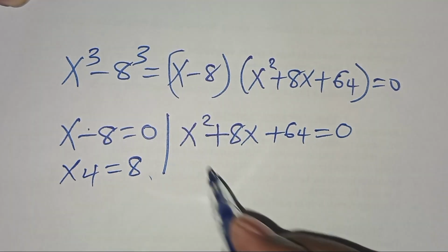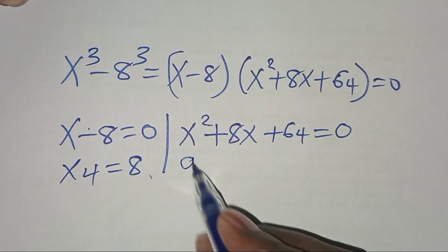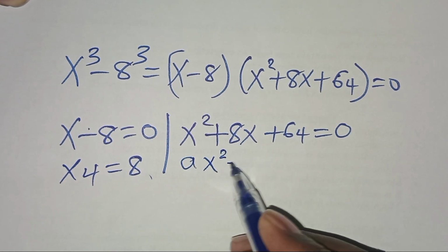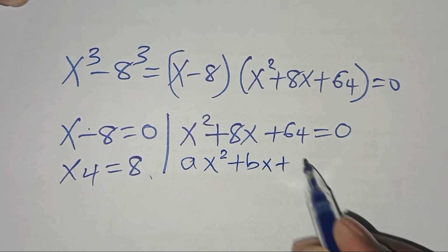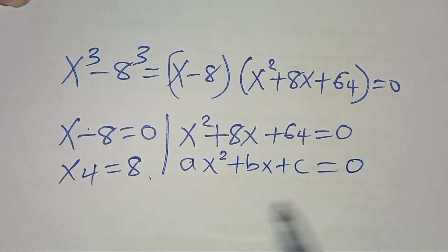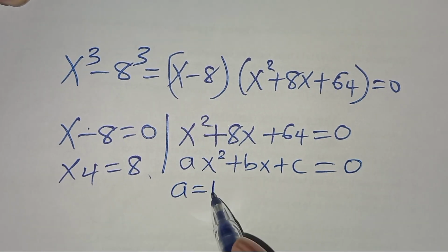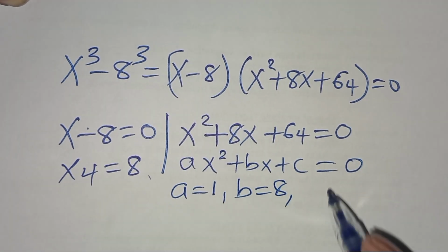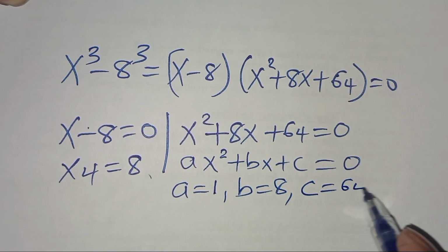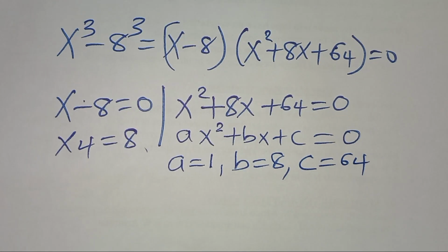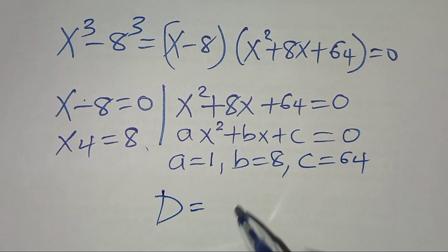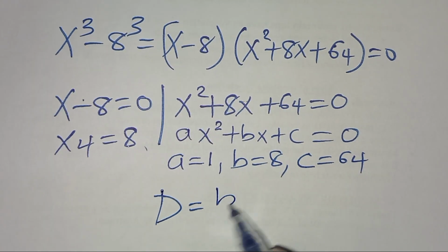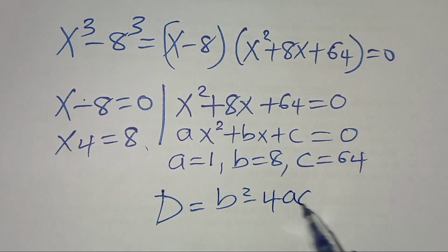Now, this is a quadratic equation, which is of the form ax squared plus bx plus c equal to 0. Now, with a equal to 1, from this quadratic equation, a is equal to 1, b is equal to 8, and c is equal to 64. So let's get the discriminant value so that we can assess the nature of this root, which is b squared minus 4ac.